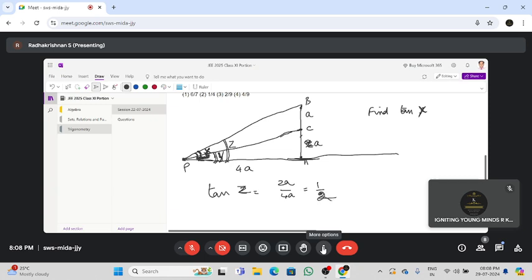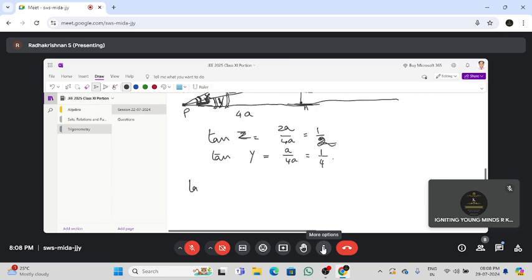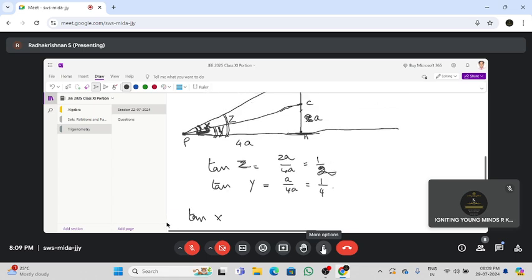Next I found tan Y, which is a by 4a, so 1 by 4. Then I will subtract this, sir. But we don't need tan X. What is tan X? Sir, tan Z minus Y is equal to 1 by 2 minus 1 by 4.